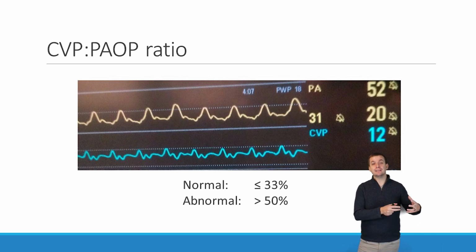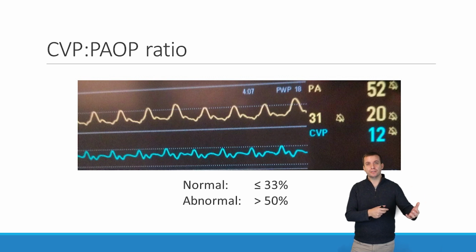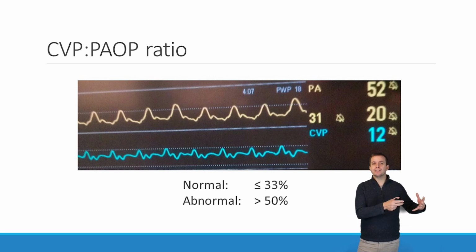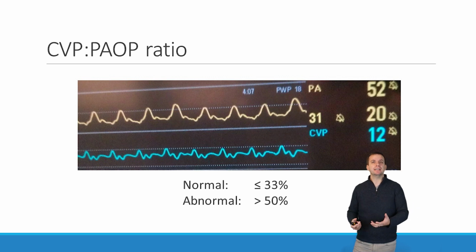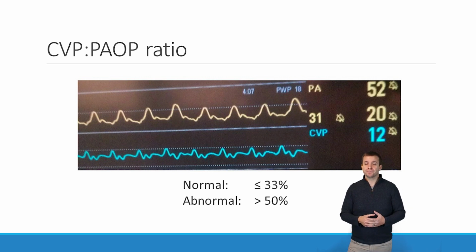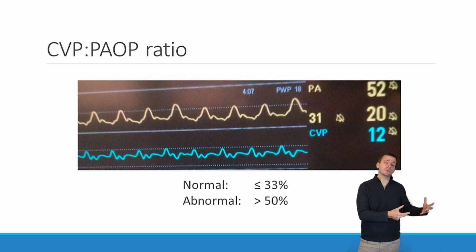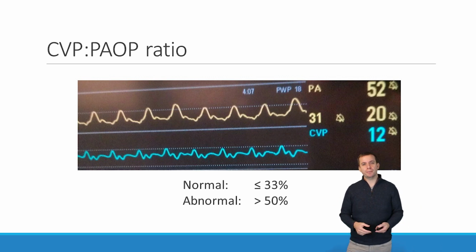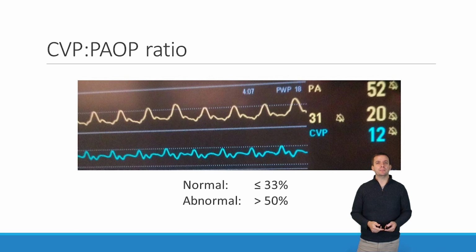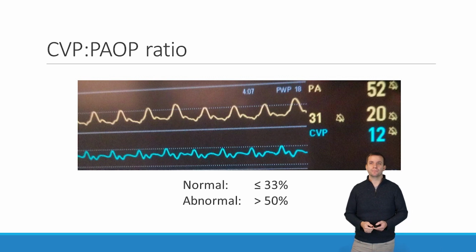If it is a higher ratio than that, then your RV is not doing a very good job of getting that volume from the right side and putting it into the left side. So if your CVP is greater than 50% of your wedge, or of your PaOP, that means you have some sort of RV dysfunction going on. And this has been looked at in multiple different papers as a way of identifying people with RV dysfunction.